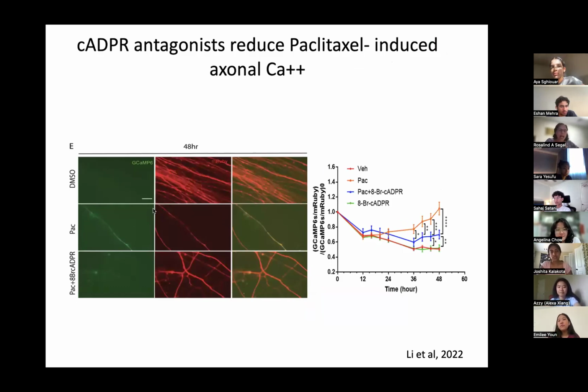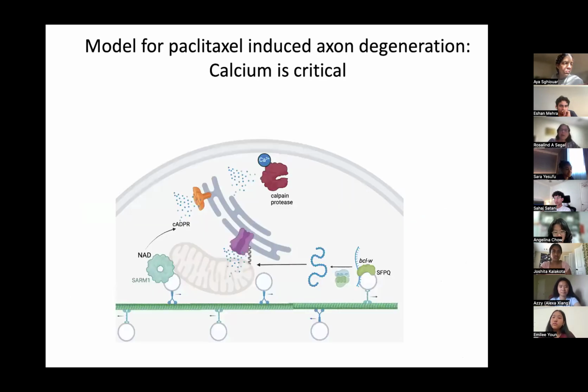Again, using that antagonist, what we see is paclitaxel causes this change in basal level of calcium, and this is partially blocked by 8-bromo-cADPR. Okay, so to sort of summarize what we found in these studies, looking in culture, is the following.